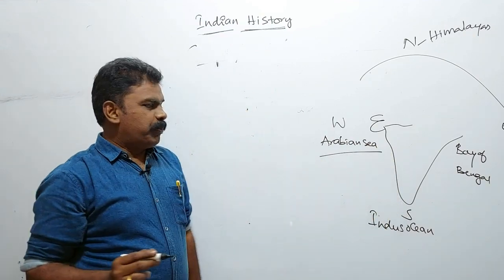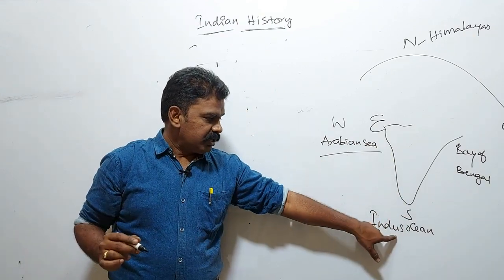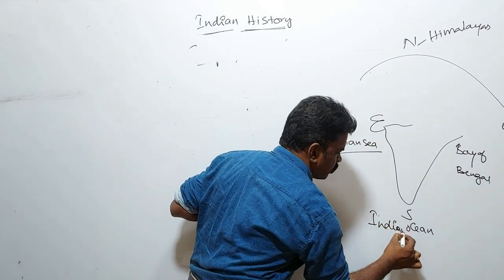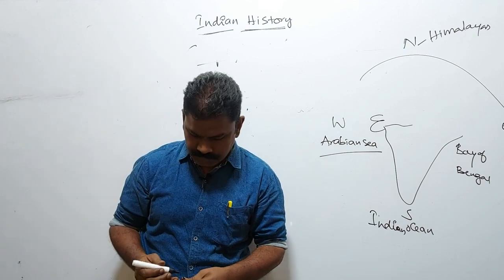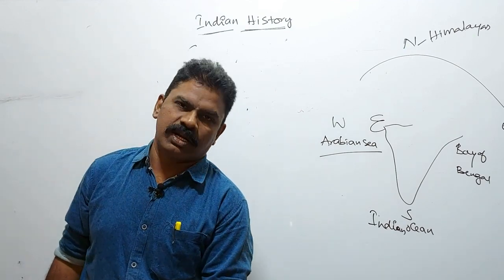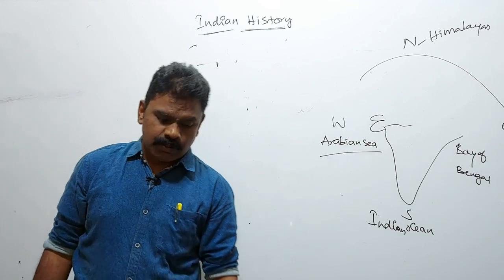India has three open seas: the Bay of Bengal, Indian Ocean, and Arabian Sea, to understand the Indian boundaries.